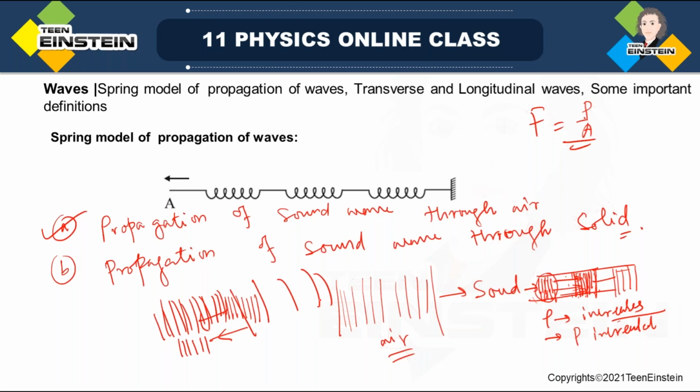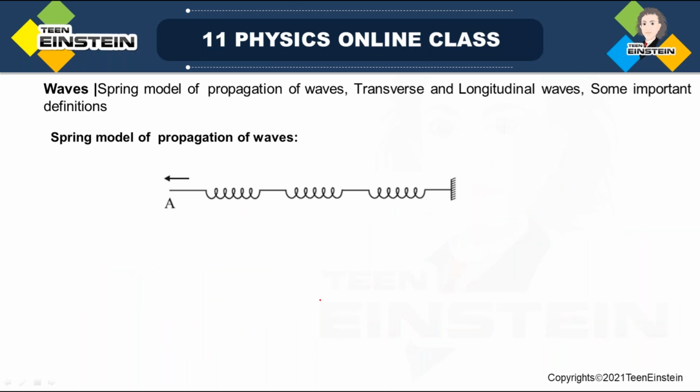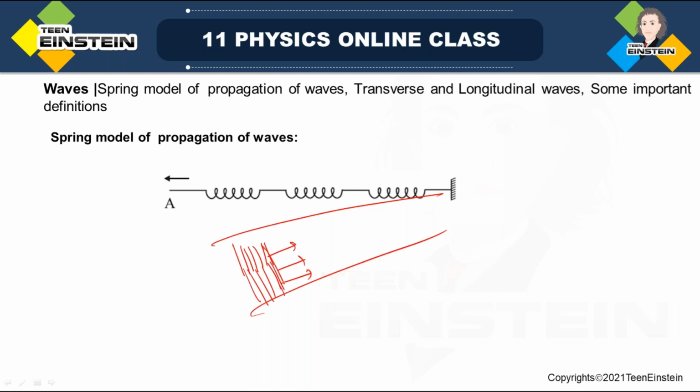Some layer is first compressed, and then let me draw. Suppose first this region is compressed, then the molecules will go to this region because they will not prefer to be where the density is too much.